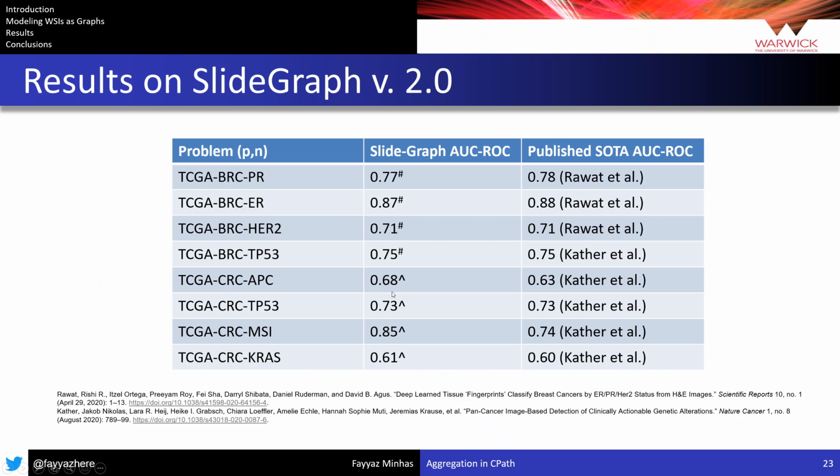Since the publication of our first slide graph paper, we've extended this idea and modeled other types of prediction problems, including ER prediction, as well as prediction of different types of colorectal and breast cancer mutations. And what we've seen is that the graph-based modeling approach either matches or outperforms published state-of-the-art methods in this domain. So this can be a very useful way of modeling these prediction problems.